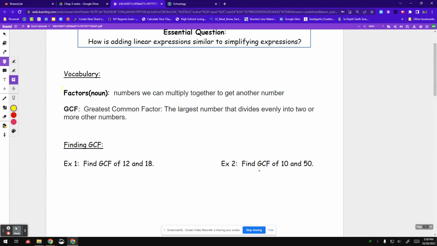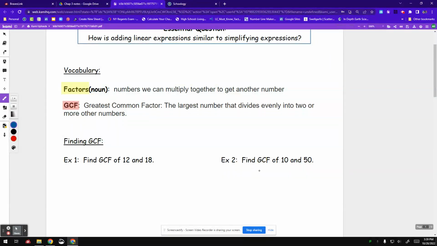Remember that factors are numbers that get multiplied together in order to get your answer. So, like 2 times 3 are the factors of 6. And the greatest common factor is the largest factor that two numbers might have in common.